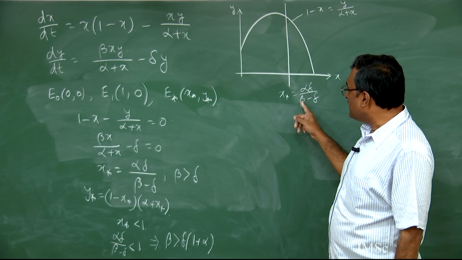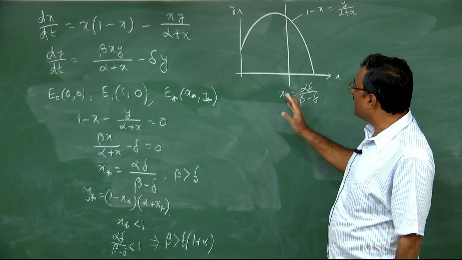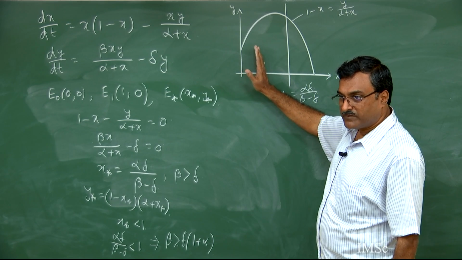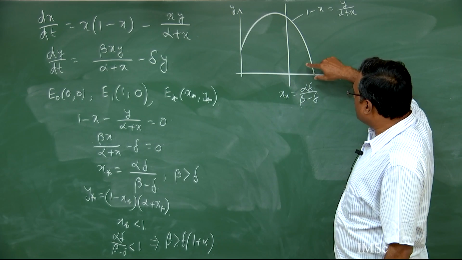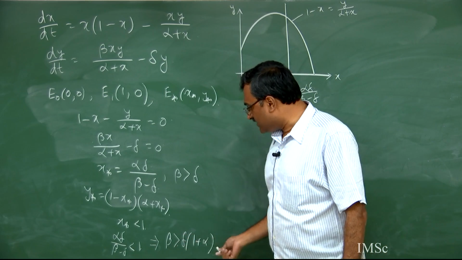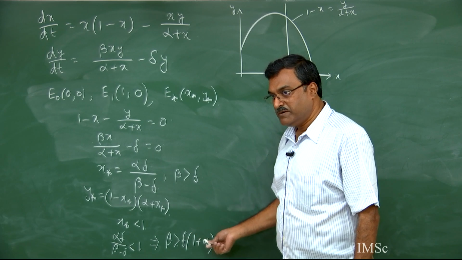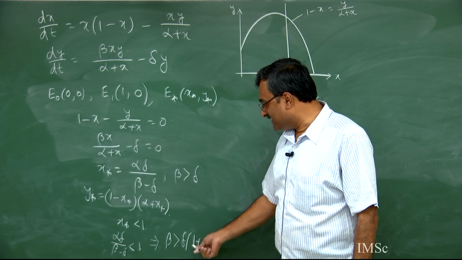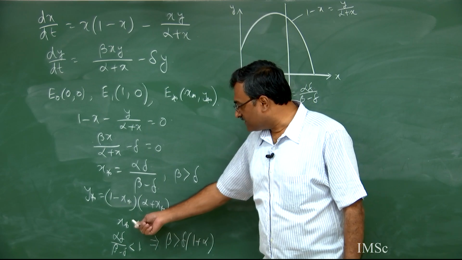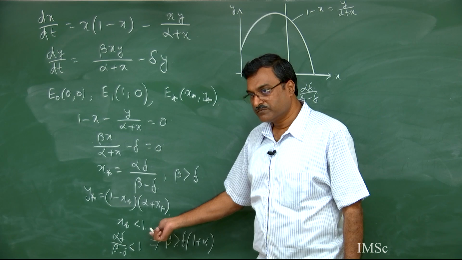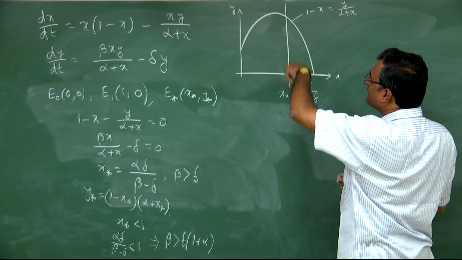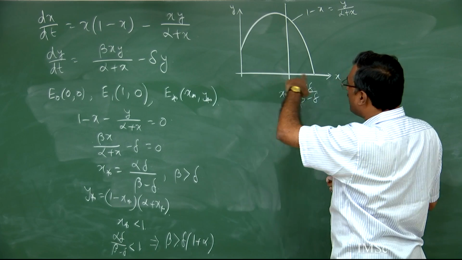And with increasing magnitude of beta, this line will be moving along this direction, correct? And whenever this condition is satisfied, beta greater than this, what does it mean? It actually comes from the condition x star less than 1, right? So geometrically it means that this vertical straight line lies on the left hand side of 1, 0.